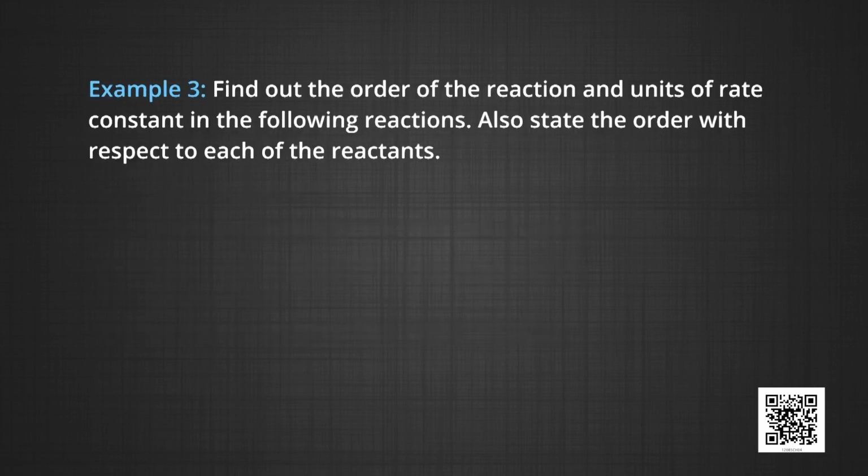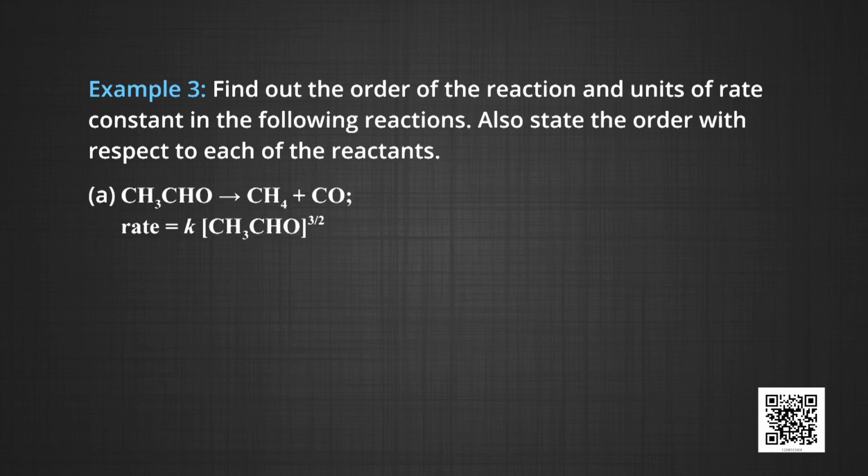Now, again another example for you. Find out the order of a reaction and the units of the rate constant in the following reactions. Also, state the order with respect to each of the reactants. The equation is CH3CHO gives methane CH4 plus CO, that is carbon monoxide.